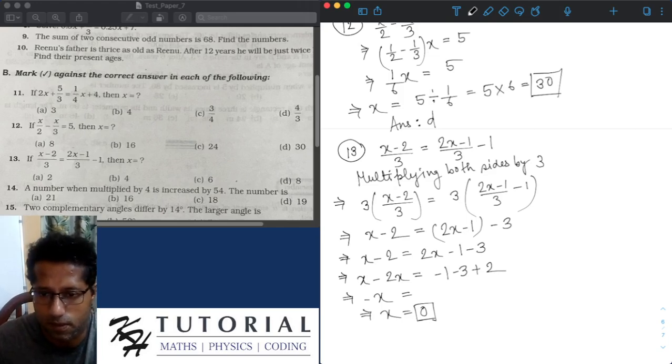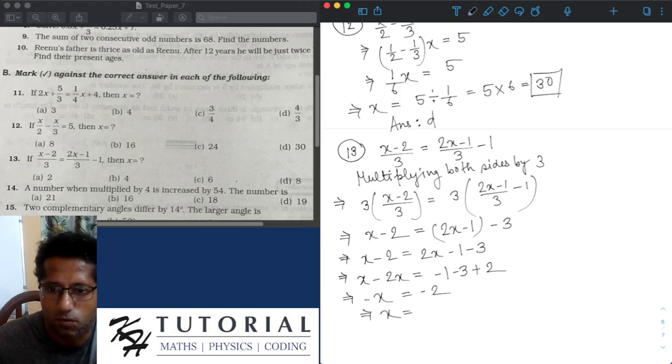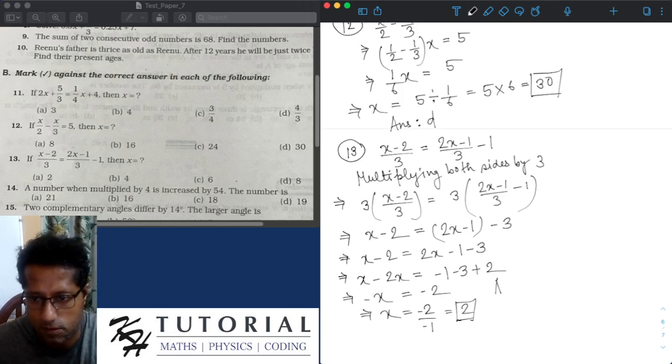Minus 4 plus 2 is minus 2. This implies minus x is minus 2, so x is 2. x is actually minus 1 divided by minus 1, this is 2. So the correct choice is A.